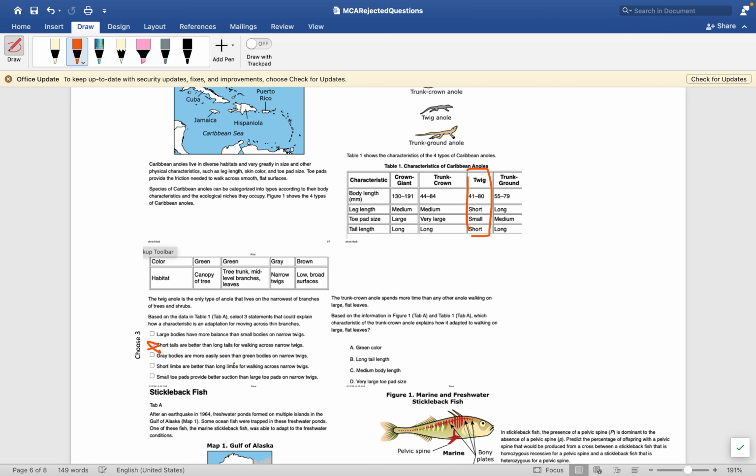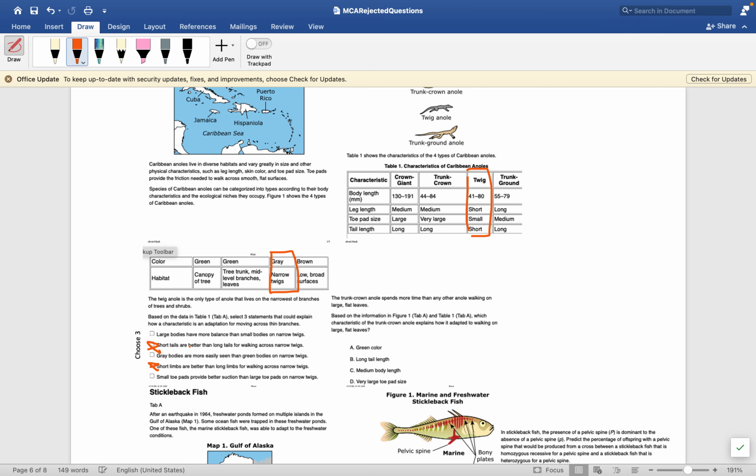Gray bodies are more easily seen than green bodies on narrow twigs. Okay, these are them. I'll come back to that. Short limbs are better than long limbs for walking across narrow twigs. Yep.